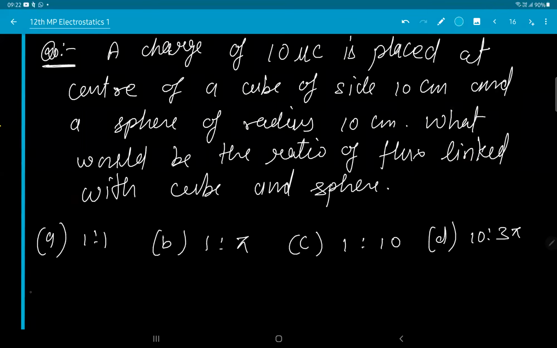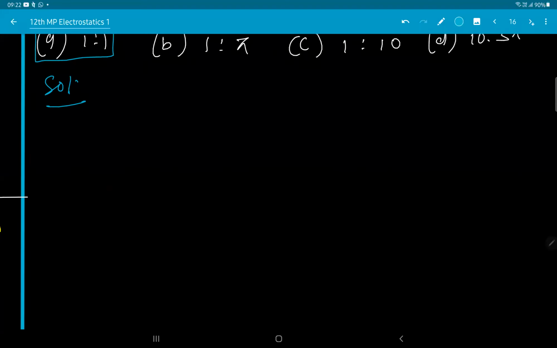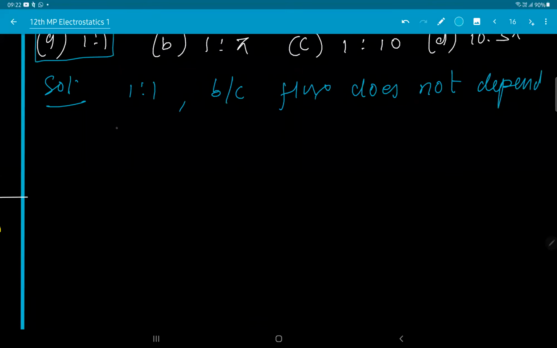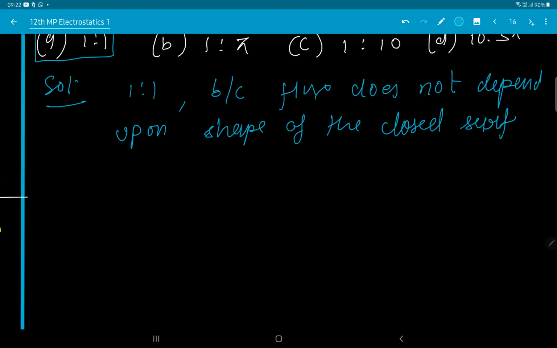Sir, 1:1. Because that does not depend on radius. Okay, the answer is correct, 1:1, because flux does not depend upon shape of the closed surface.